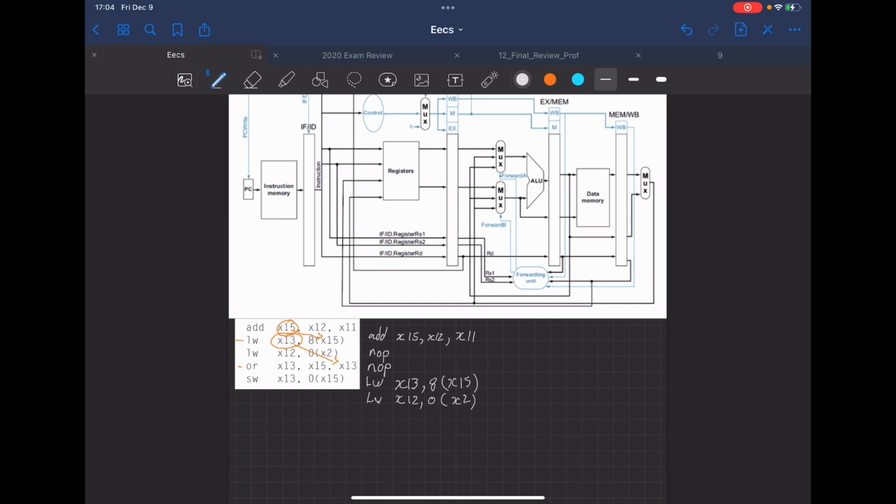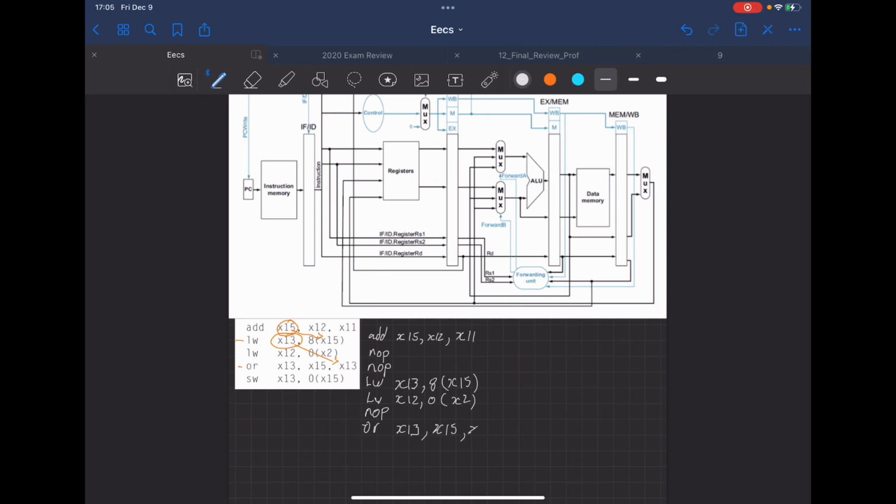Initially we have this one instruction, and now we need another instruction before it to ensure that the execution happens after the write back of this instruction. So we're just going to insert one no-op, and then we can easily breeze through our OR. We'll just write that down.